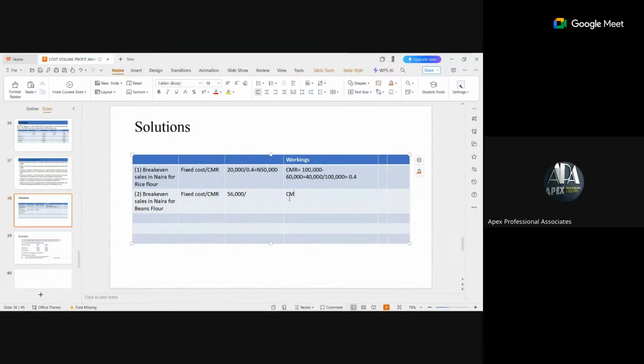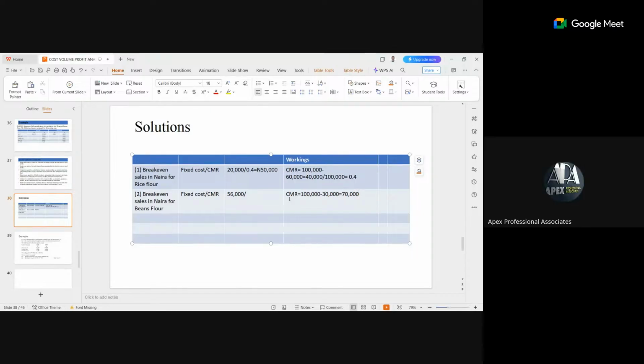Now, the contribution margin ratio will be what? Let's show it here to avoid too many questions. It will be 100,000 minus what? Minus 30,000, right? You have 70,000.